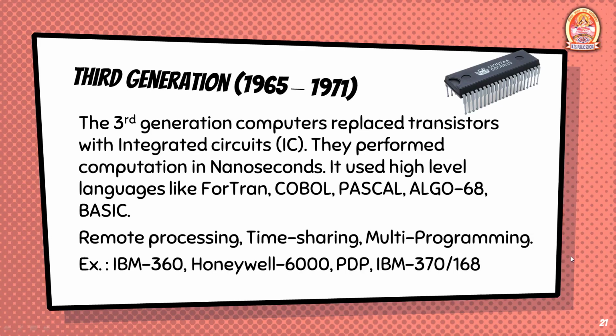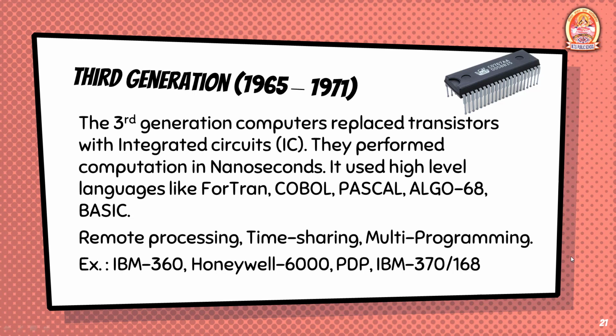Now, coming to third generation of computers. Period for third generation computers started in 1965 and ended in 1971. In this generation, IC or integrated circuits kicked out transistors of second generation.